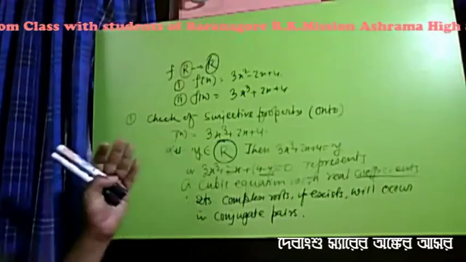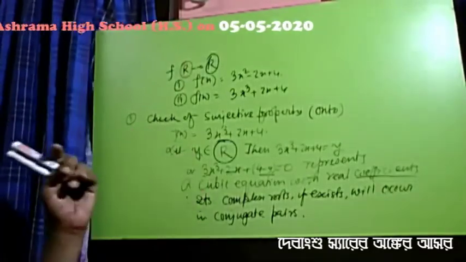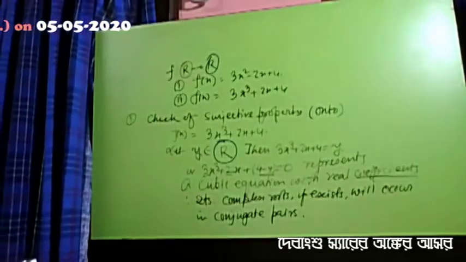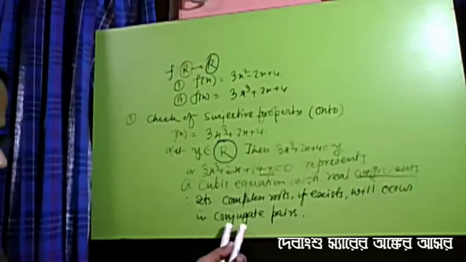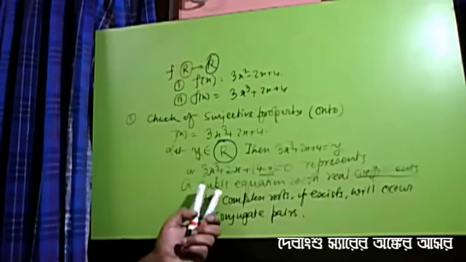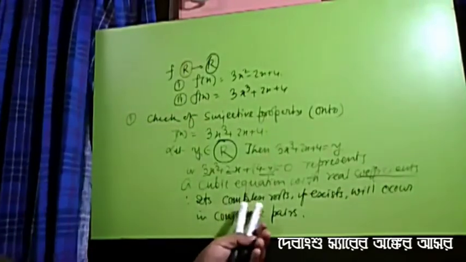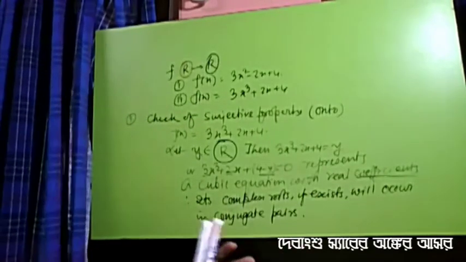but not 5 complex roots or 3 complex roots, because they occur in conjugate pairs. And since it is a cubic equation, it has 3 roots, and this shows that it has maximum 2 complex roots.